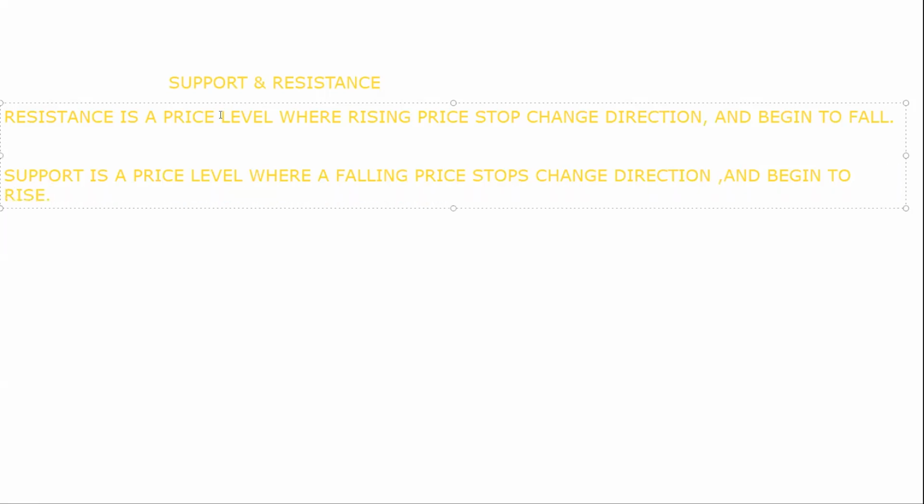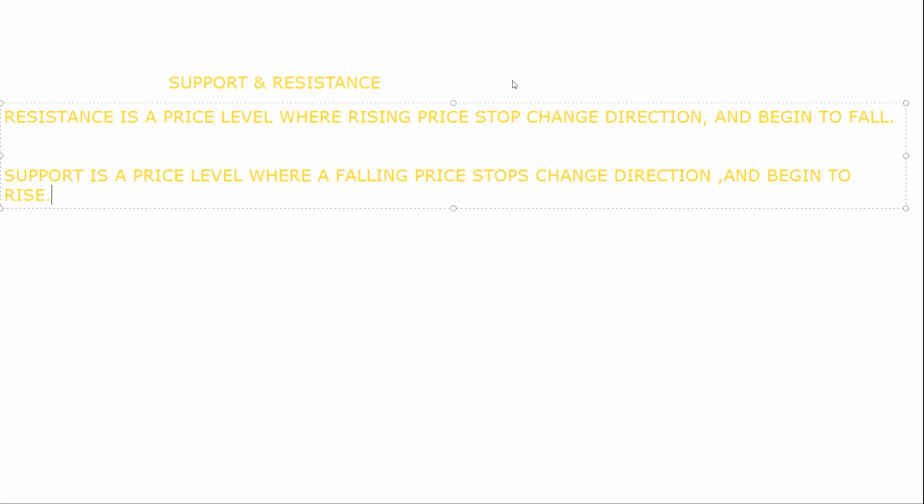So support and resistance in the market are like a trading floor and a trading ceiling, whereby if price reaches the ceiling, it rejects and starts to go down, and when price reaches the floor, it rejects and starts to go up.